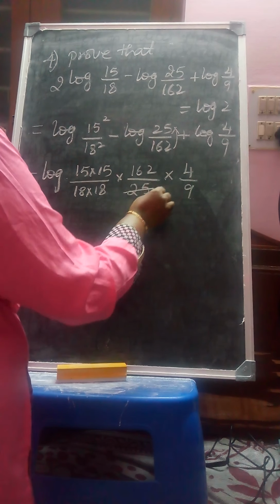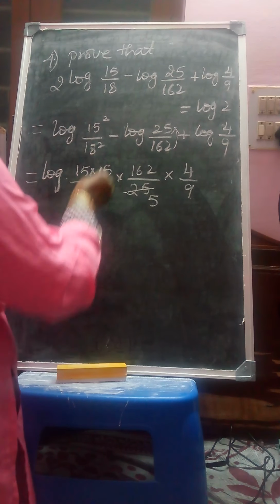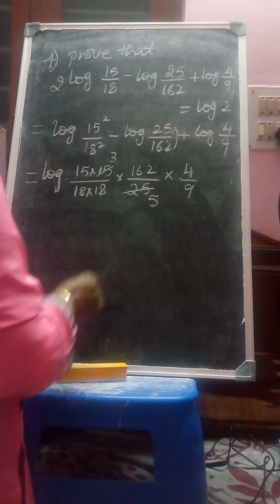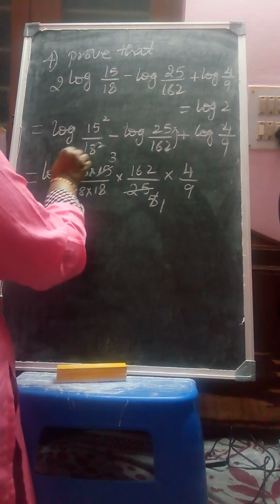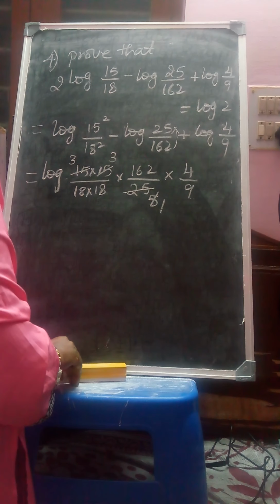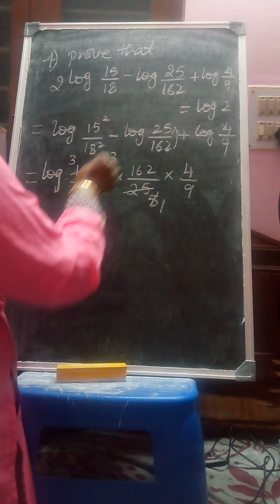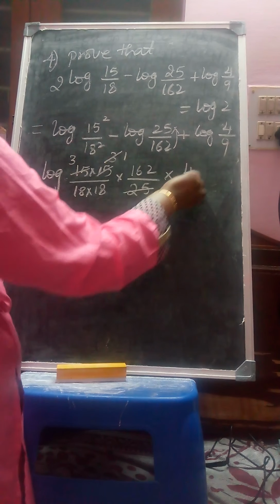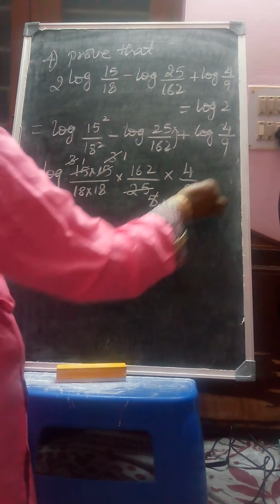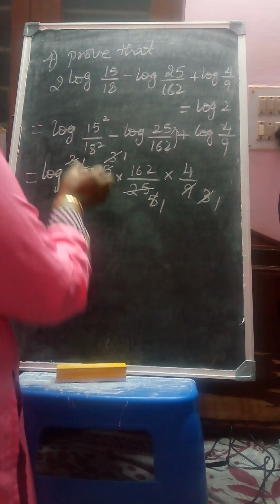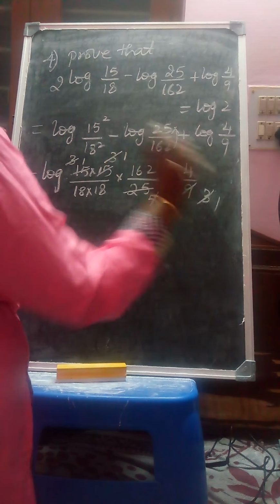Now see here. 5 5s are 25, 5 3s are 15, 5 1s are 5, 5 3s are 15. Done? Now see here. 3 ones are 3, 3 threes are 9, 3 ones are 3, 3 ones are 3. So I'm done with this and this and this.